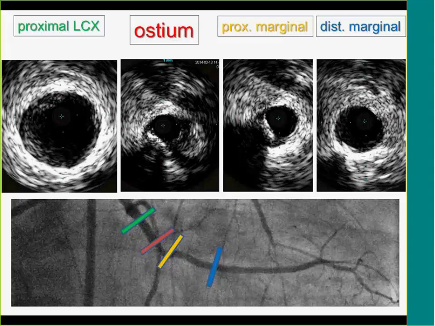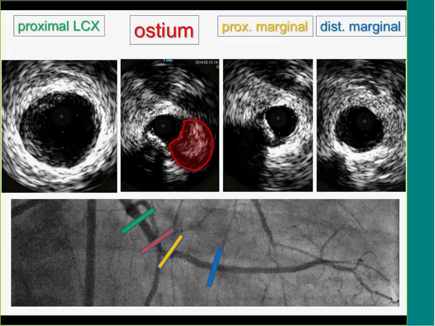At the red line, we could identify the ostium of the marginal branch, and on the IVUS, it was clear that there is the proximal cap of the occlusion.